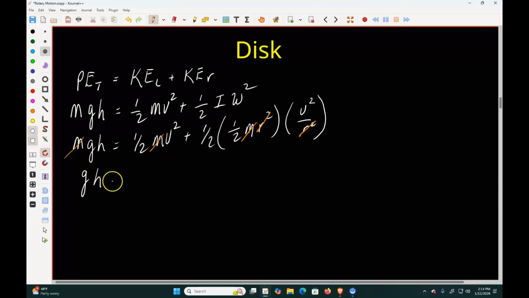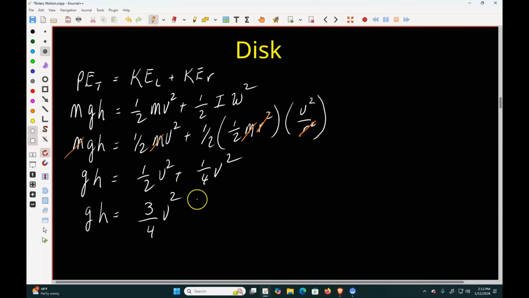So g times h equals 1/2 v squared plus 1/4 v squared. Common denominator is 4. That's 2/4 plus 1/4. That gives me 3/4 v squared.